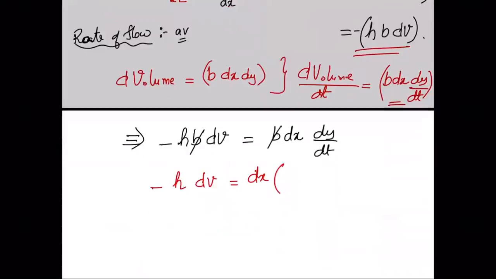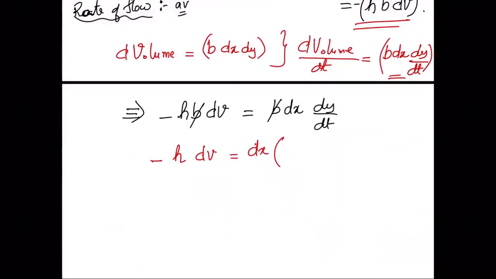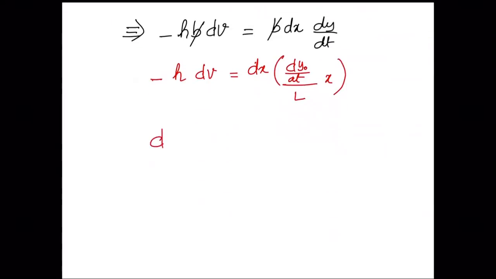So instead of dy by dt, I will substitute that particular term as dy naught by dt upon L into X, right? So the relation I have here is dV is equal to minus that H. Let me move it to the other side.